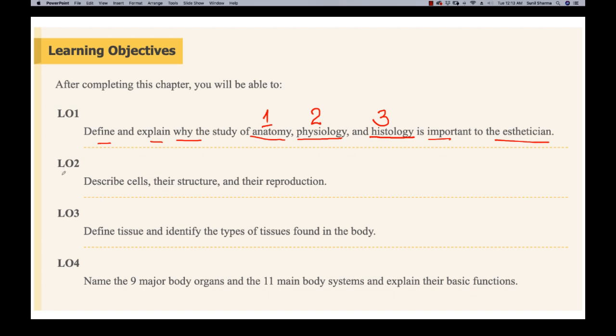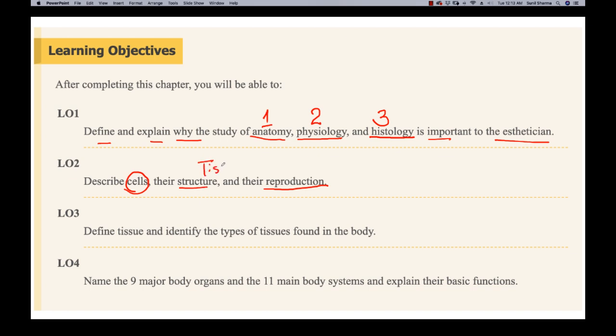The second learning objective is, as we said, we will describe cells. We will look at their structure and reproduction as well. What happens inside those cells is very critical to how they function with other cells of the same type when they create what? Tissues.